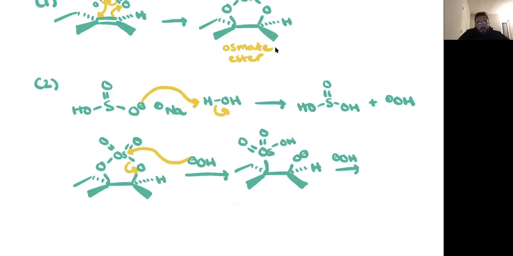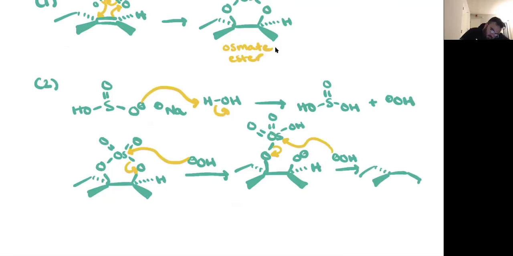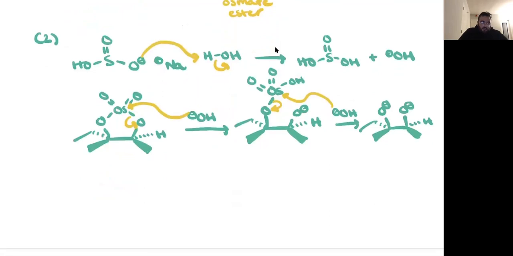So now we attack in once again. Then we end up with this dianionic species over here, which you can just quench by using that conjugate acid that you formed over here.